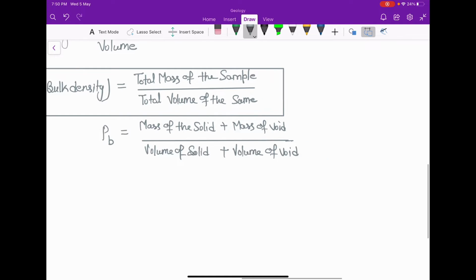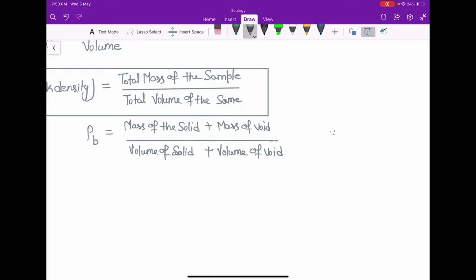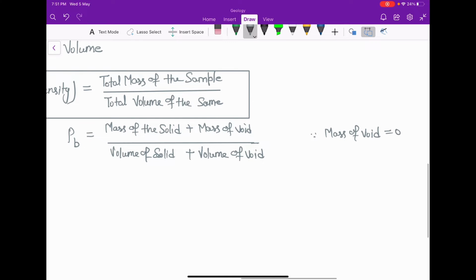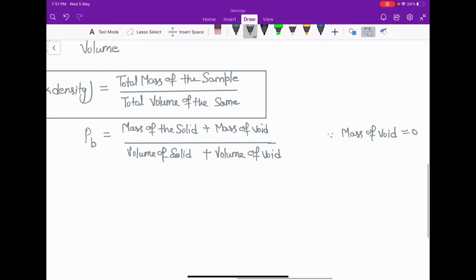But the mass of void is 0, that is, air has no mass and the void is filled by air. So the mass of void will be 0.